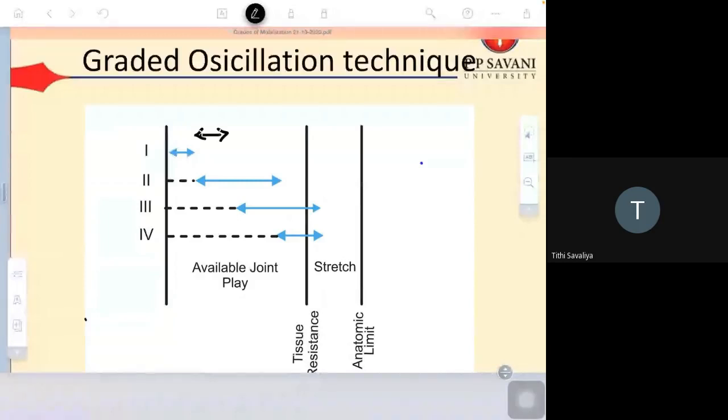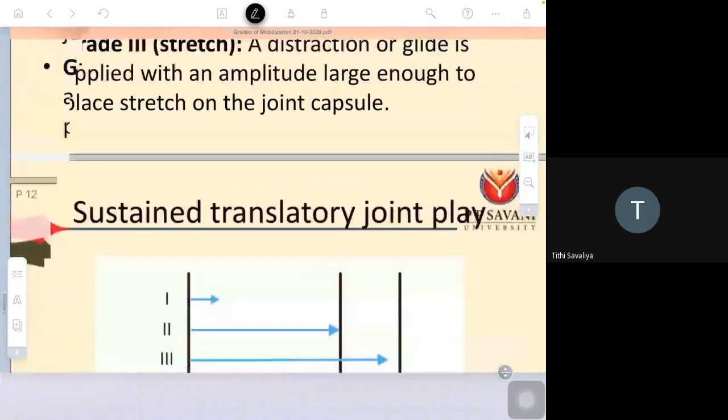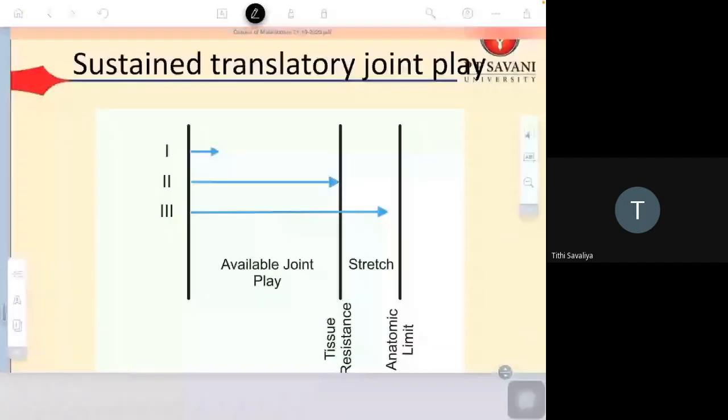Oscillation means it has two directions. But here you are moving the joint or the part of the limb in only one direction. That is the major difference. The first difference is four grades versus three grades. Second is oscillatory technique versus sustained translatory technique.